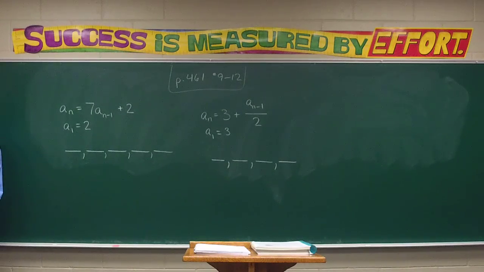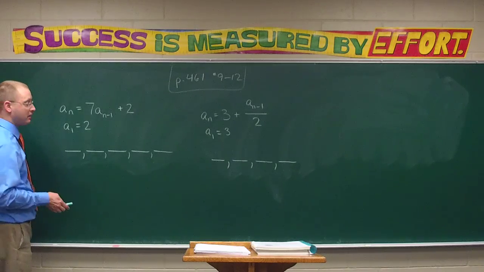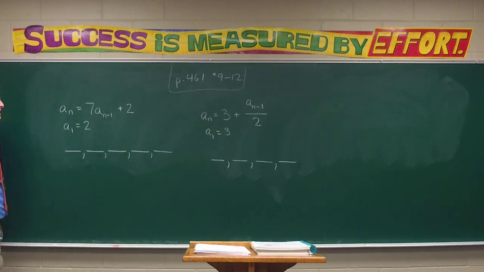Now, they said in the directions they were recursive, Maddie, but they didn't have to tell us that. We would have known they were recursive sequences as soon as we saw the a sub n minus 1.